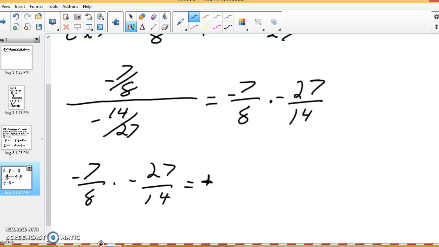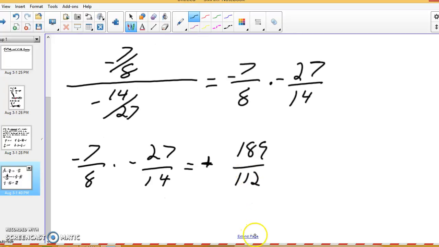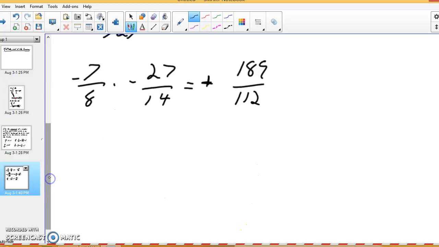Again, in a lot of cases, you guys might want to pull out a calculator to calculate this, which I'm doing right now, which is equal to 189. And then 8 times 14 is equal to 112.